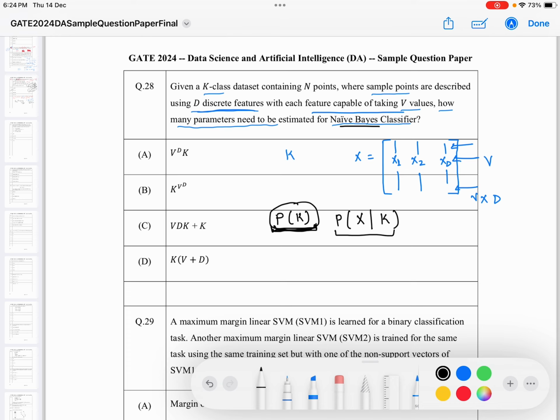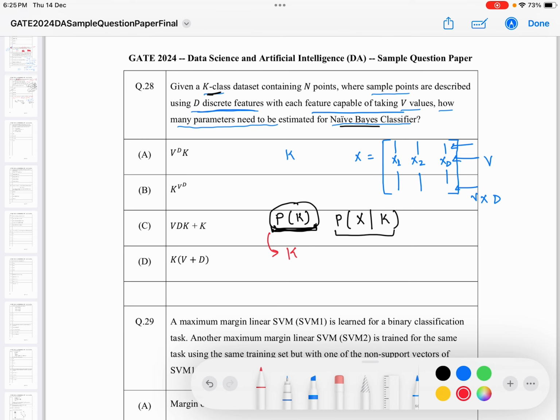We have k classes, so for each class you will find the probability. So you need the information about the k prior probabilities. So the number of prior probabilities will be k.